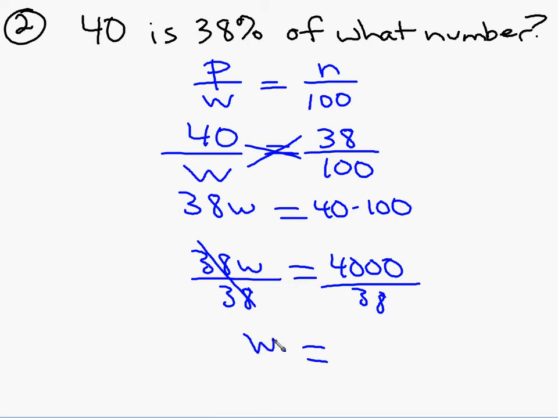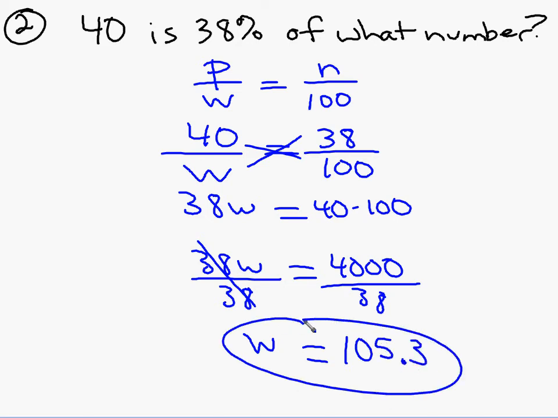So W equals whatever 4,000 divided by 38 is. And you get 105.3. Does that make sense? Yeah. Does it make sense that 40 is 38% of 105.3? I think it does. What would 50% of 105.3 be? Like 50 some, right? So, yeah, this makes sense. Let's do another one.